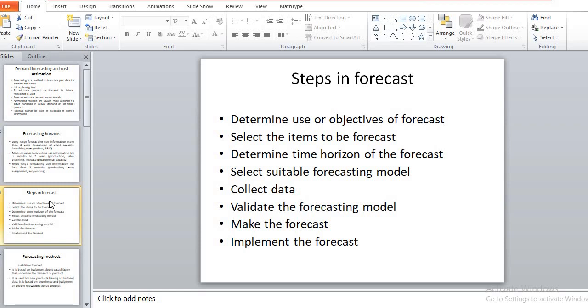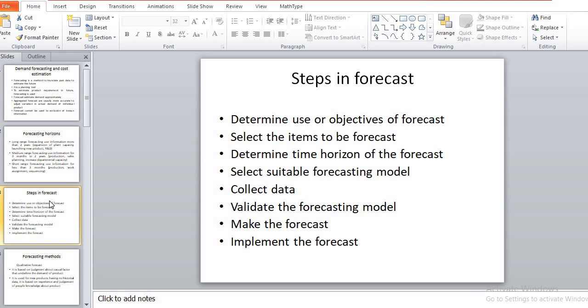So we consider a particular product for forecasting purposes. Then, according to the product and the opinion of experts, we determine the time horizon of that forecast.